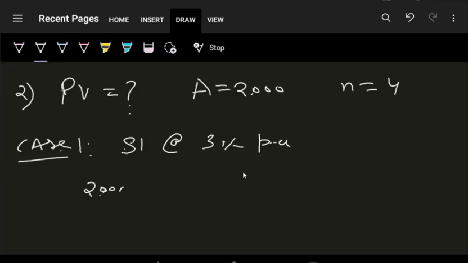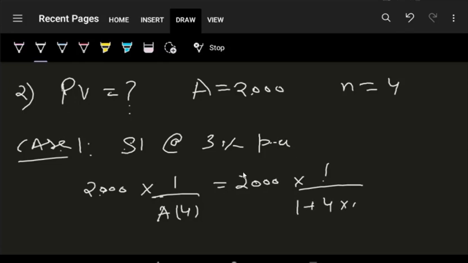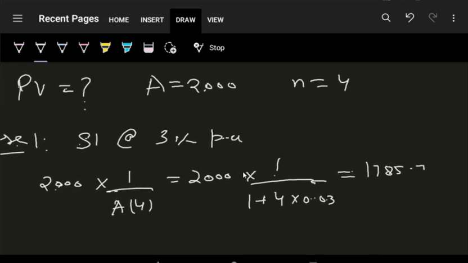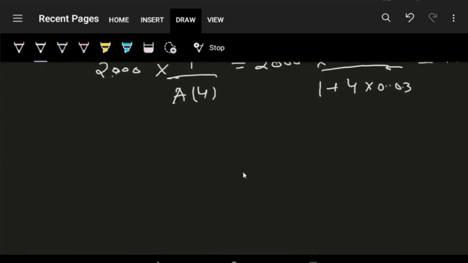So you can calculate the present value as 2000 into 1 upon A4, that is 2000 into 1 upon 1 plus 4 into 0.03. This formula is again from the tables. The answer is 1785.71.